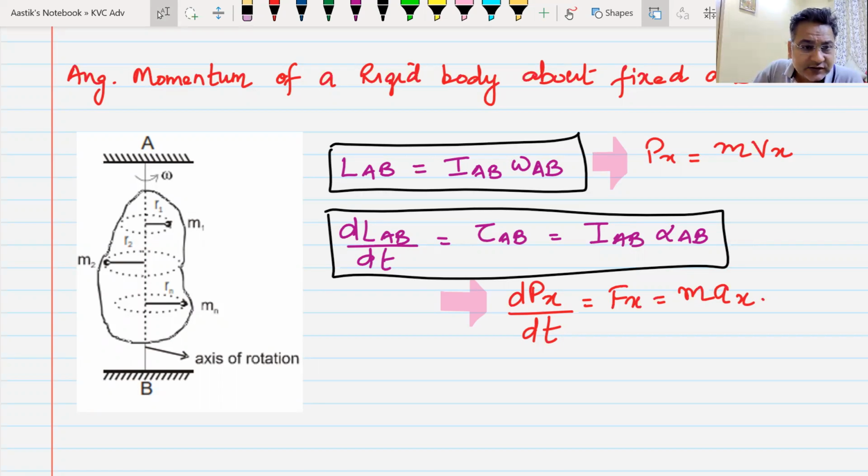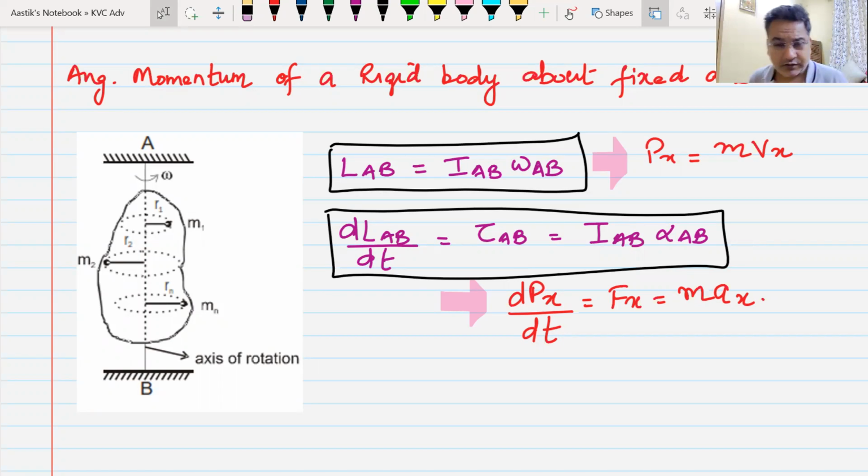Now remember this chapter, rotation, is quite vast and quite big, and lots of things are there. And remember what we are doing now, we have to do it again. But what I'll do is we'll start with this.